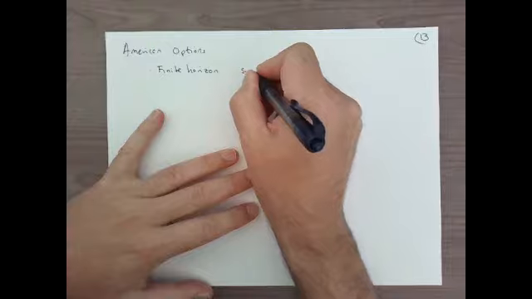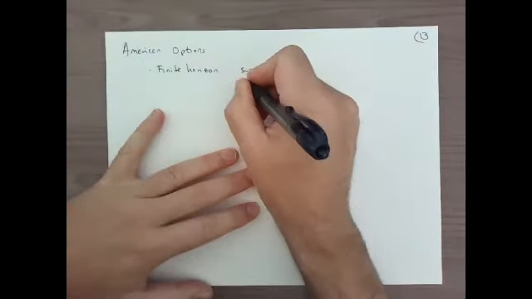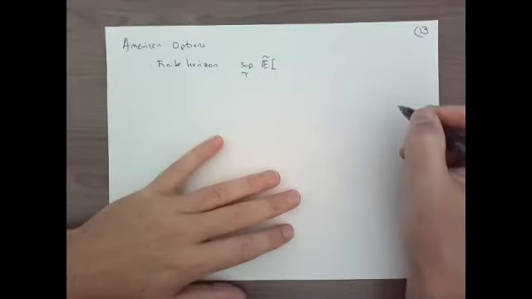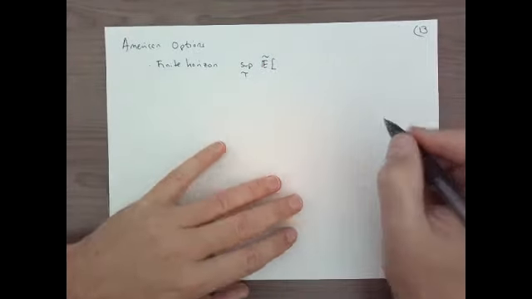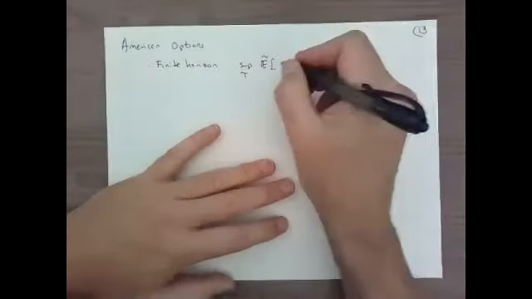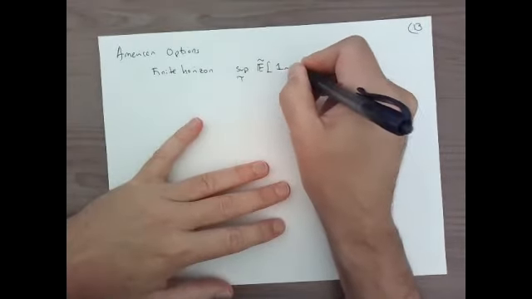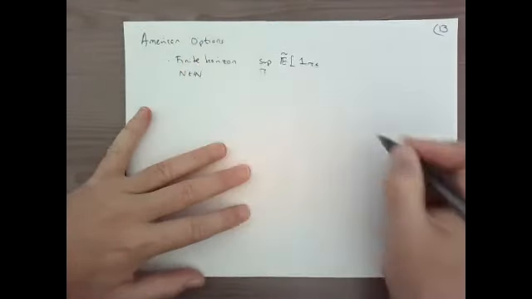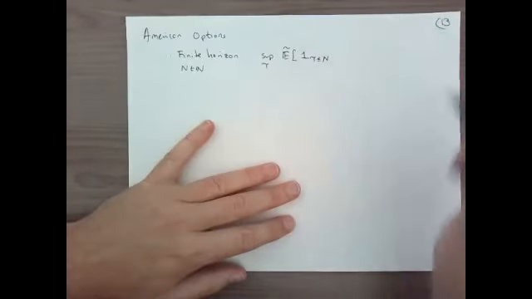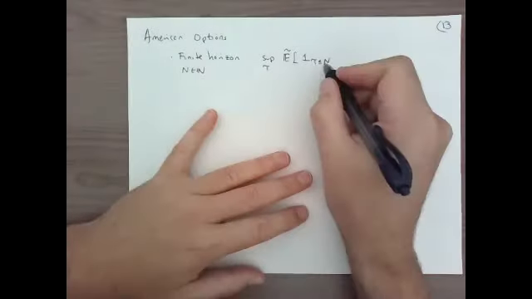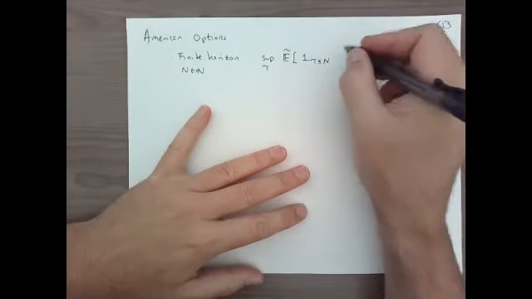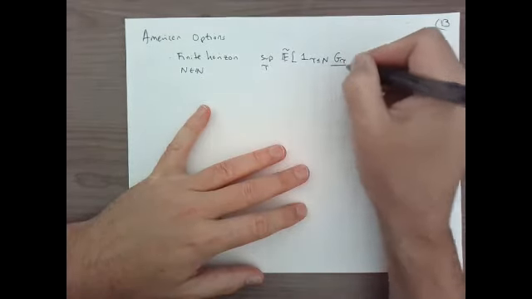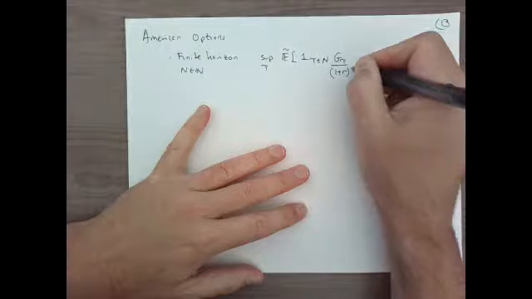We're maximizing over stopping times of the expectation under the risk neutral measure of something. The finite horizon has a horizon of n. So you're going to get something if the stopping time is less than n, and what we're going to get is g tau divided by 1 plus r to the power tau.